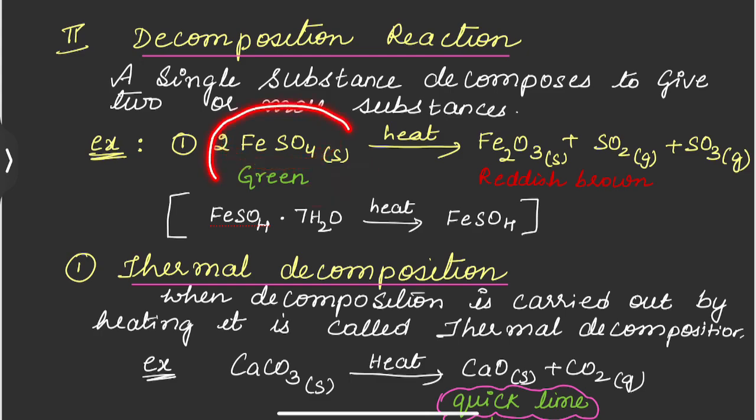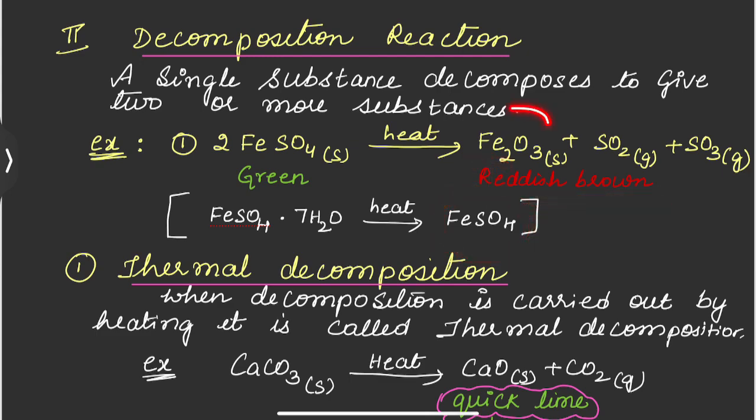When you start heating this green color solid, initially FeSO4 has 7 water molecules. So when you start heating, these water molecules are released. As a result, the green color changes into white color. Now it becomes a white color solid. With further heating, this white solid turns reddish brown.